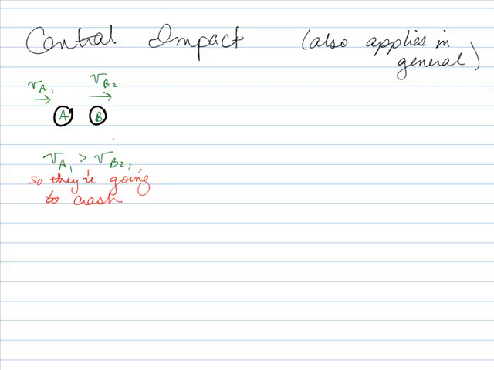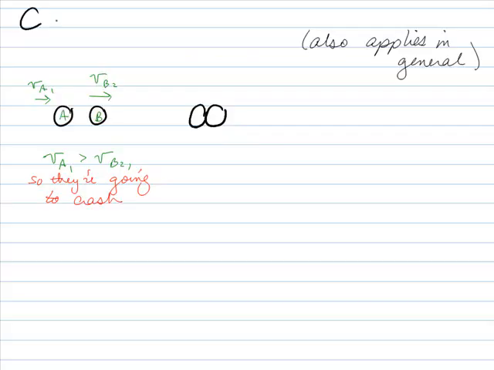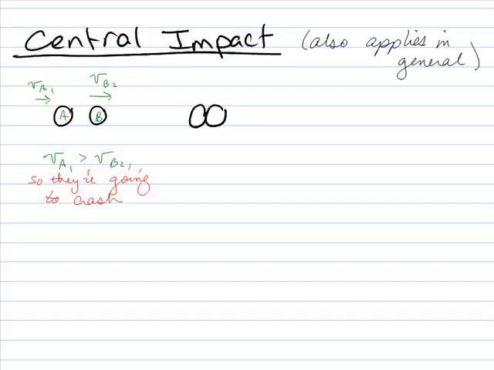A is going to catch up because it's traveling faster. So they're traveling along, and then finally they bump into each other and smush into each other. This is the title, because it's really important: central impact. Now, what we're going to assume is that they are deformable, because if we didn't, then it'd be boring, right?